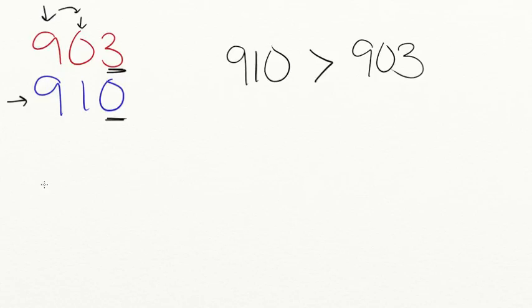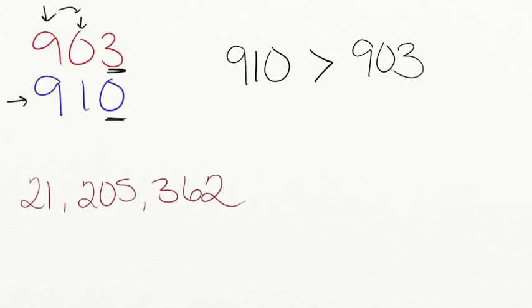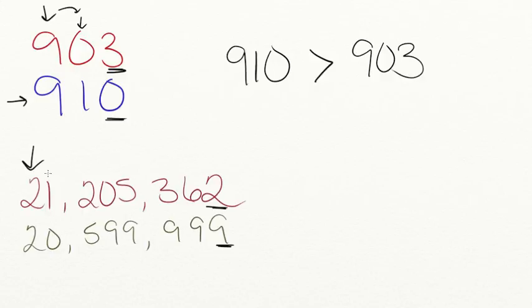Let's do one together. Can you compare 21,205,362? And you're going to compare this number to 20,599,999. Those are some pretty big numbers. Step 1, line up the ones place. Step 2, go all the way over to the furthest number to the left, and we're in the 10 millions place.